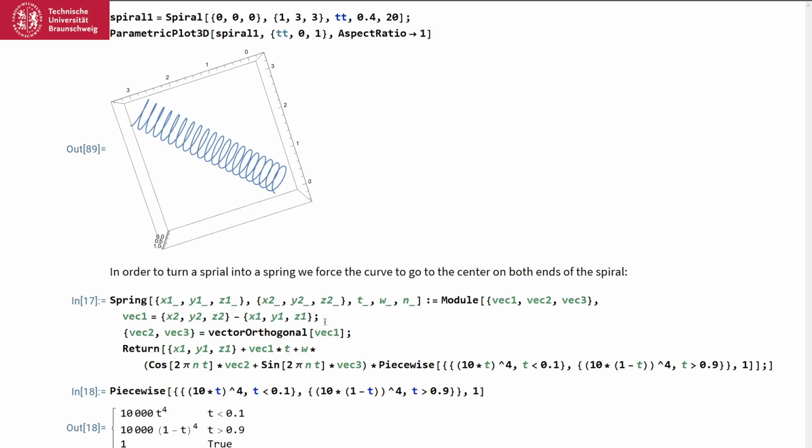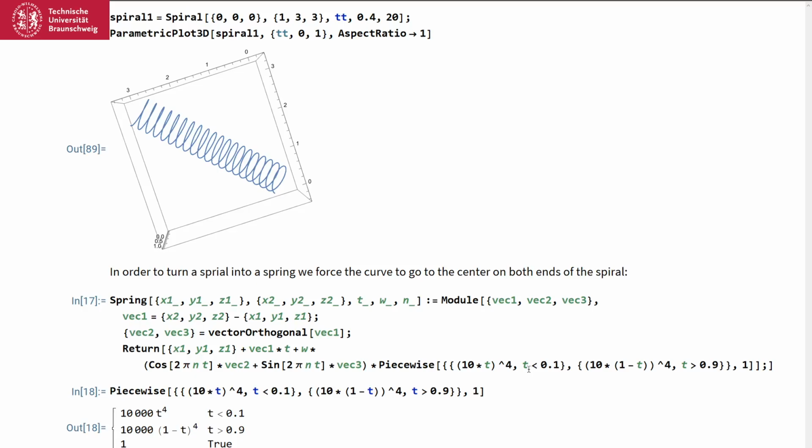The way I suggested to draw this is using a small percentage, 10% of the range, where it gets smaller at the two ends.